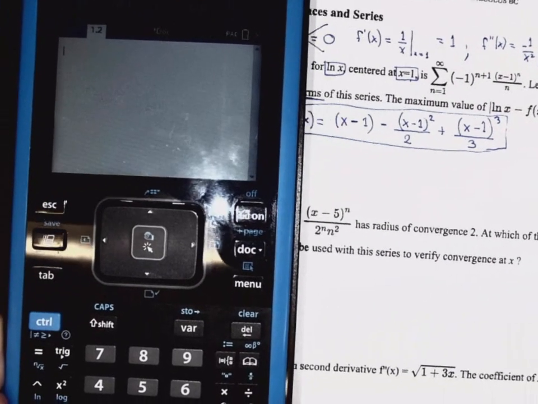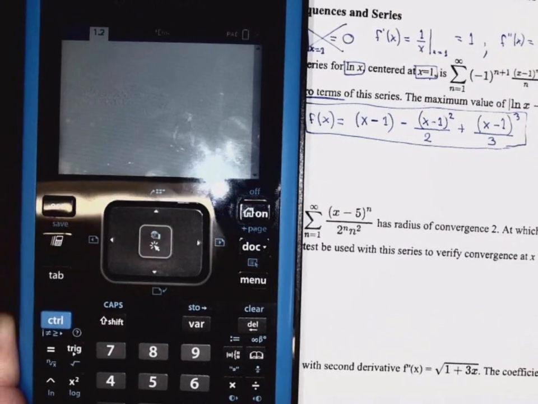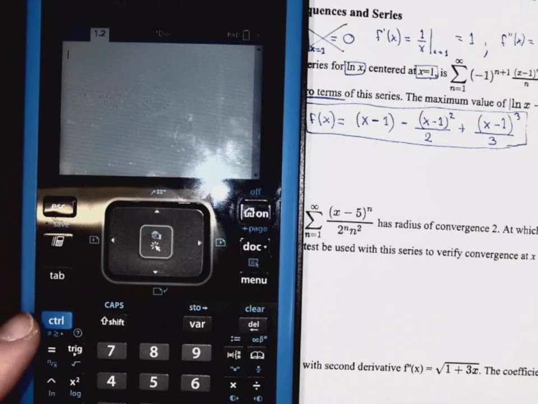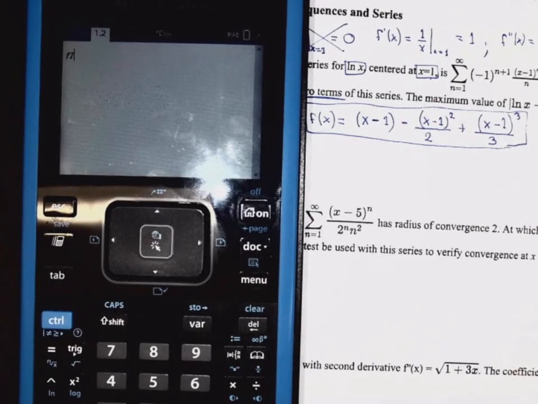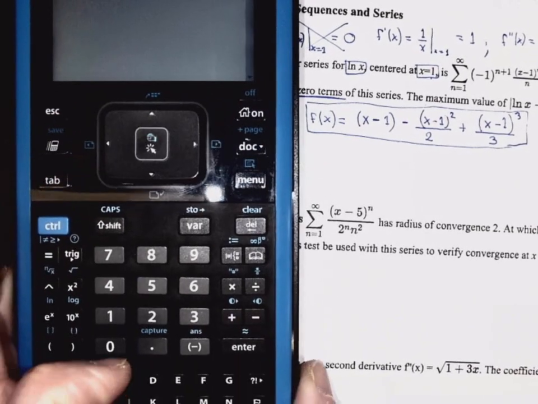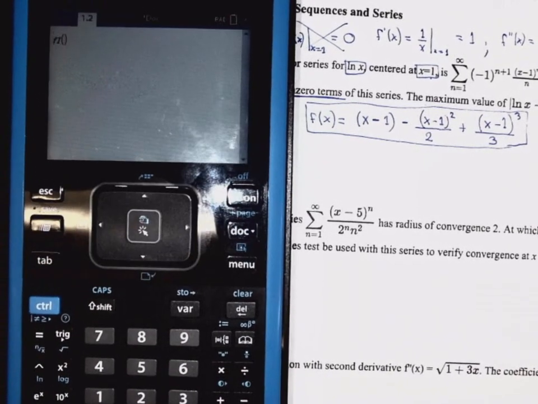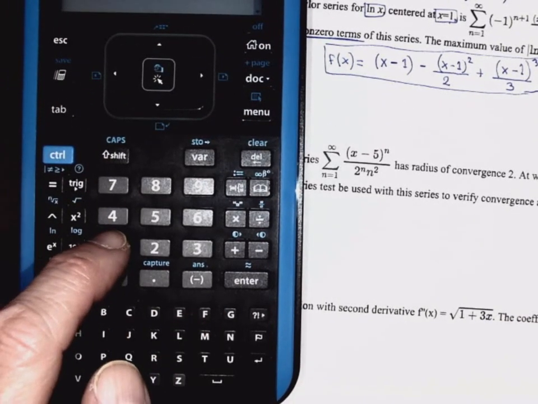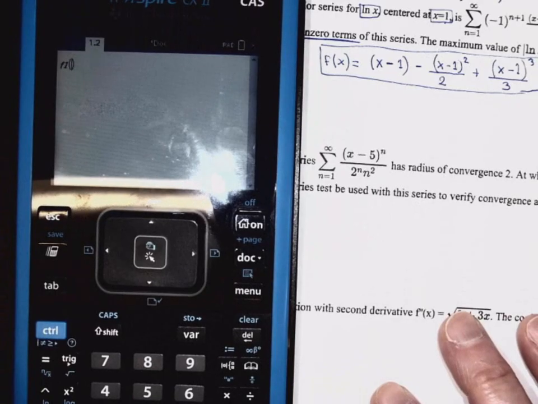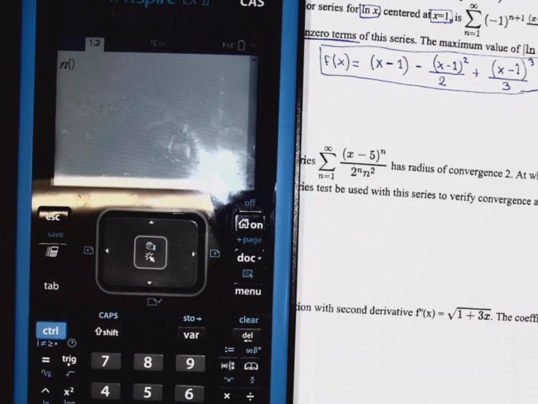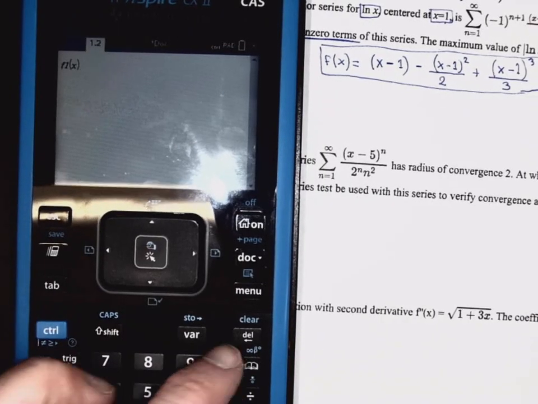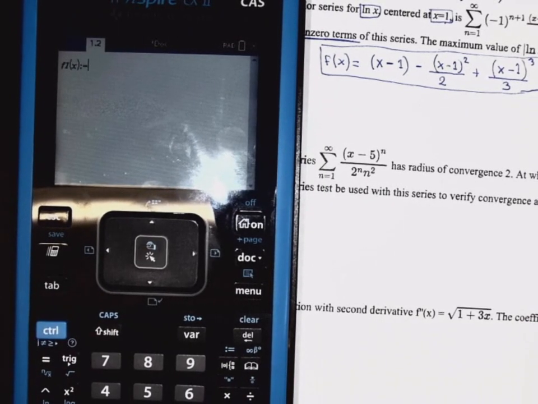So what I'm going to do is enter my function. I'm going to define it. So I want f1 of x. You don't see what I'm typing, but I just typed f1 of x, and then I want that to be defined, so control and then this key will define. See that colon and that equal sign?